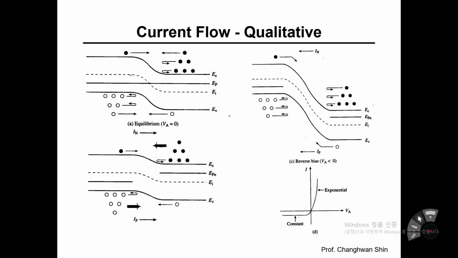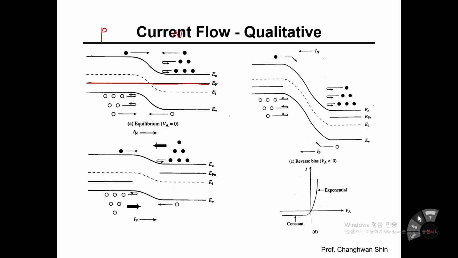Let me draw the energy band diagram for the PN diode at thermal equilibrium. A single system has a single value of the Fermi energy level when it is under thermal equilibrium. So EF, take a look at this solid colored line. EF has been set, and left hand side is P side, right hand side is N side.